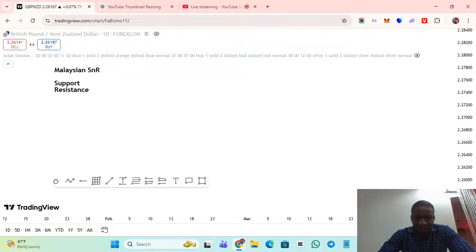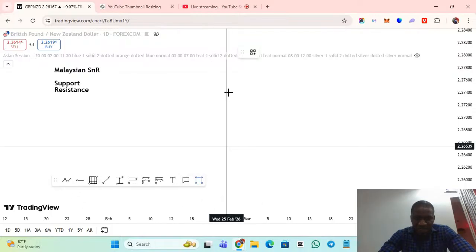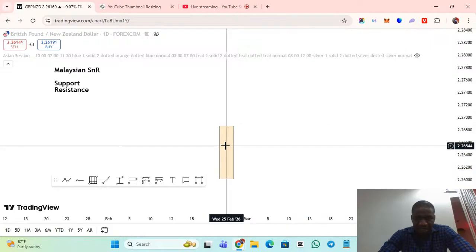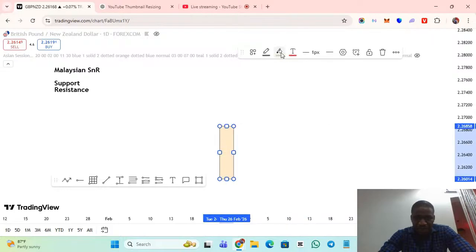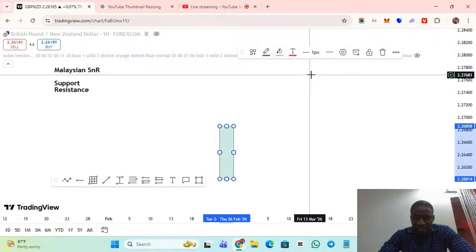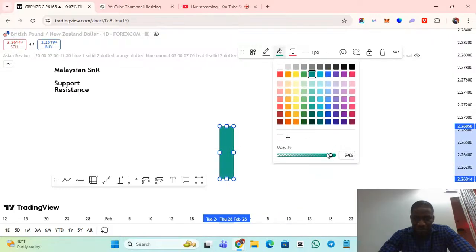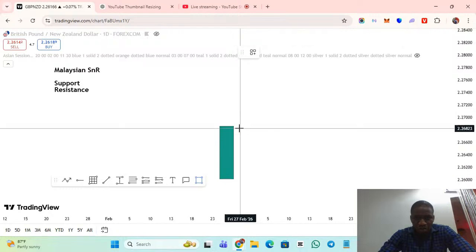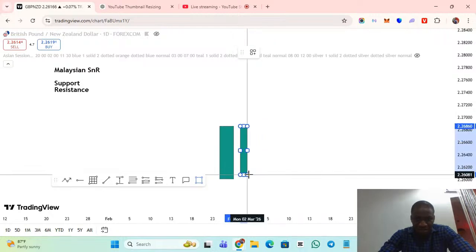We have candle one. This is candle one, and let me paint this candle green, very dark. And then we have candle two. Candle two opens where this candle closes.